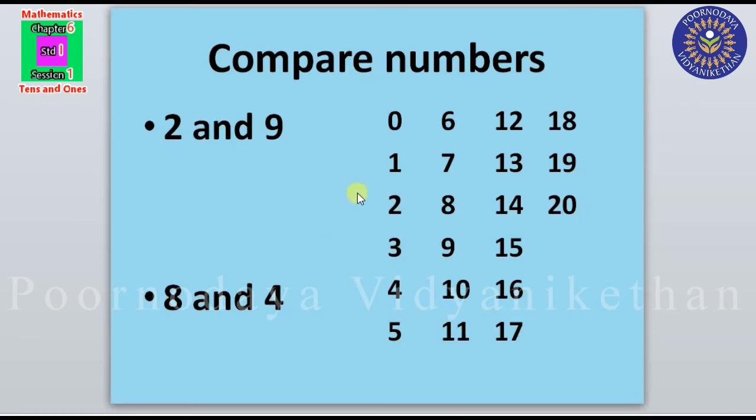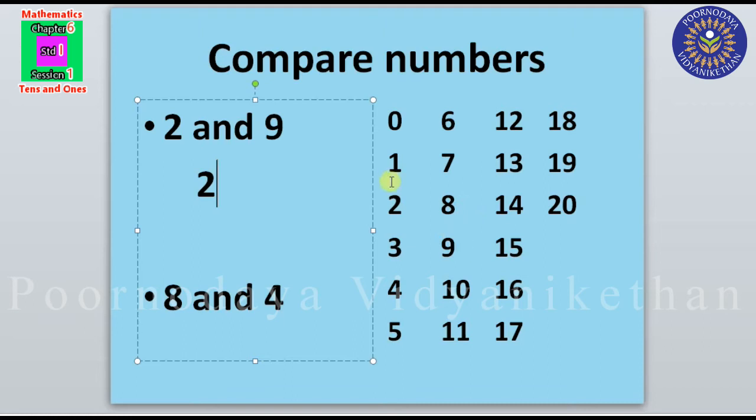Here are some questions. Compare these numbers. First, 2 and 9. The counting numbers 1, 2, 3 up to 20 are given here. First we have to compare 2 and 9. Can you write 2 and 9? 0, 1, 2, 3, 4, 5, 6, 7, 8, 9.